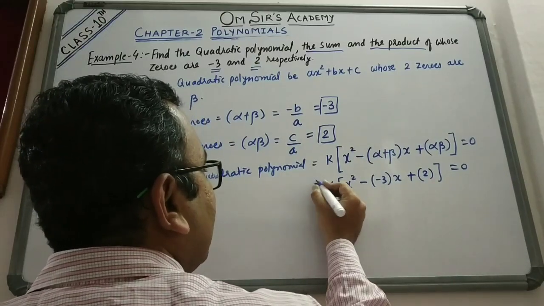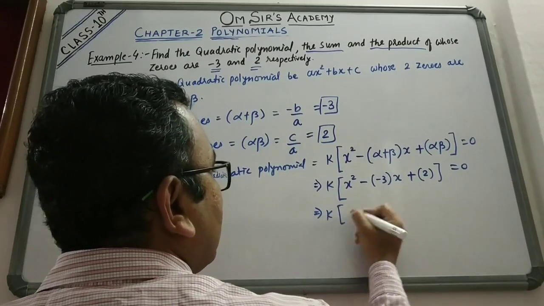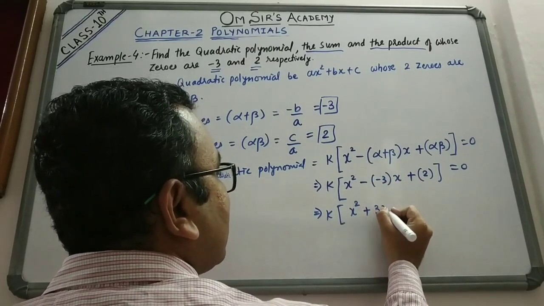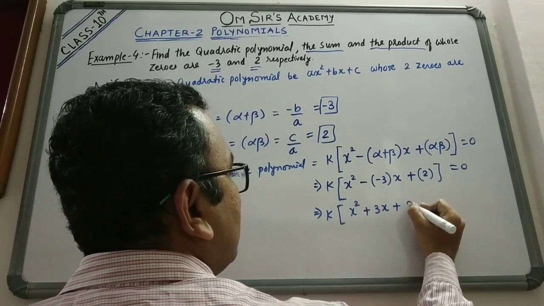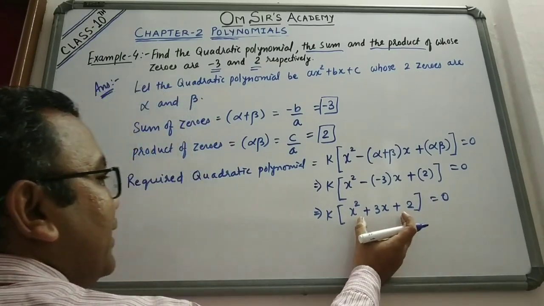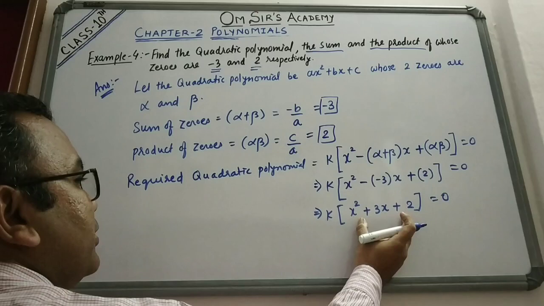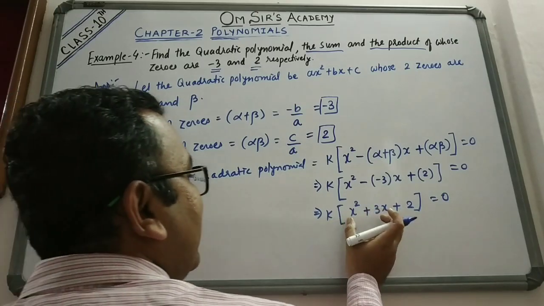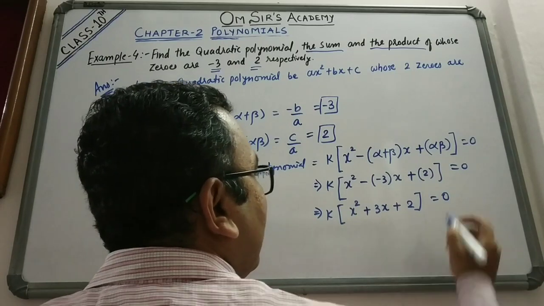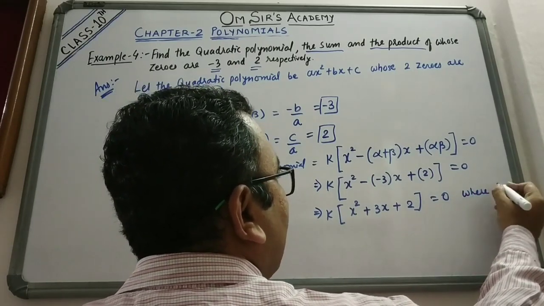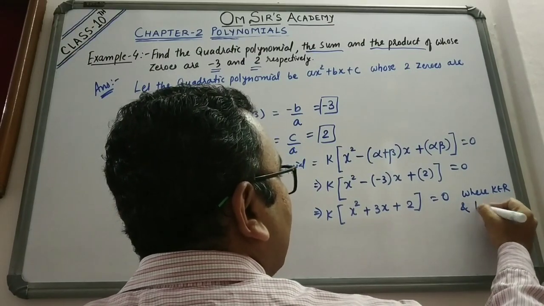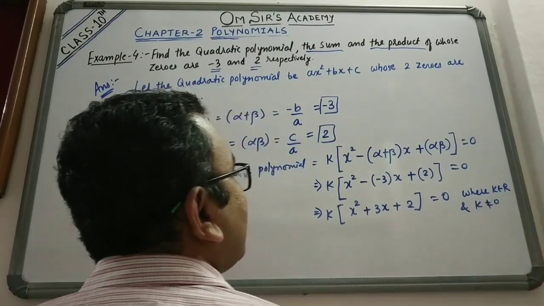So that is equal to minus into minus 3x is plus 3x plus 2 equals to 0. So this is my required quadratic polynomial. Is it clear? So k into x square plus 3x plus 2, where k belongs to real numbers and k is not equal to 0.